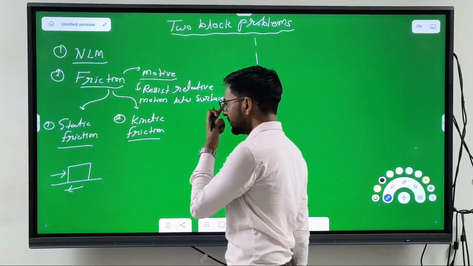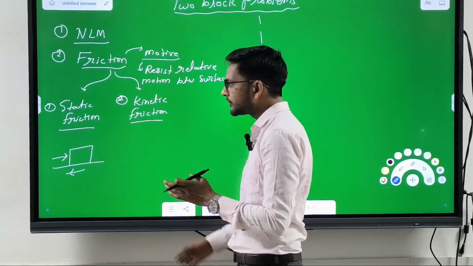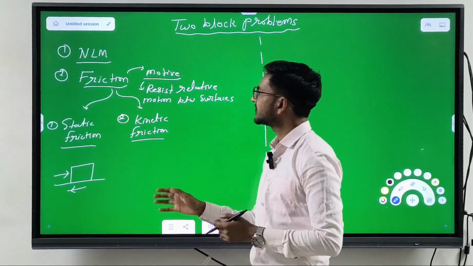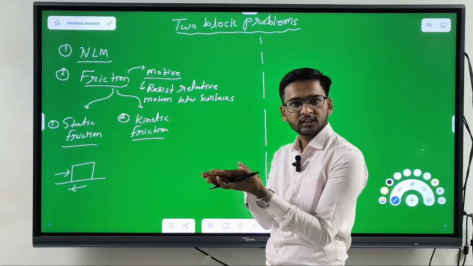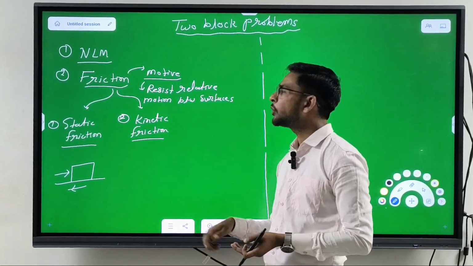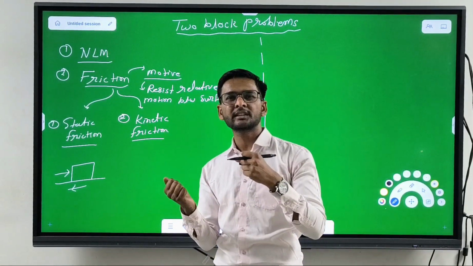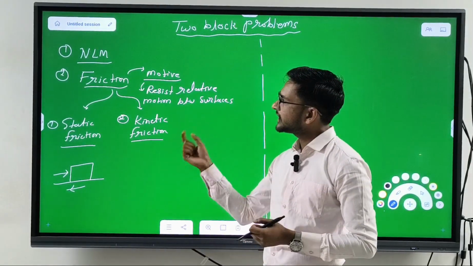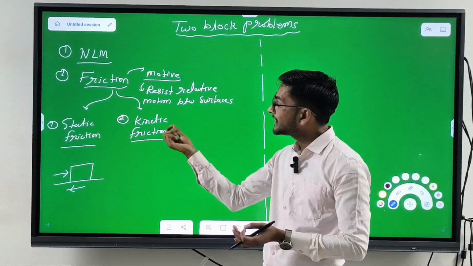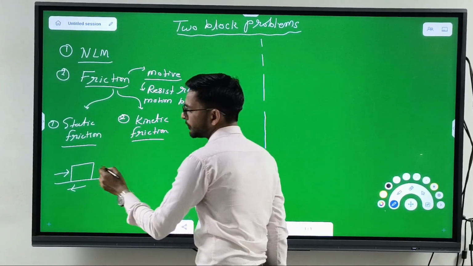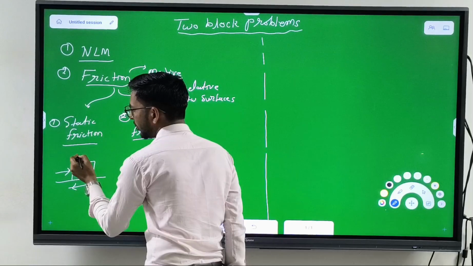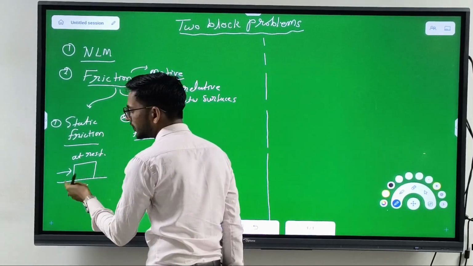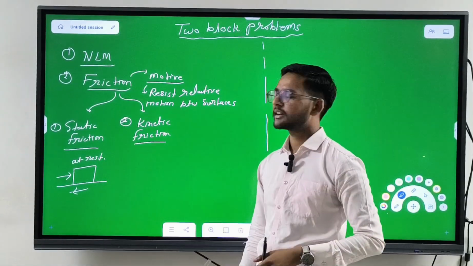And what is kinetic friction? If two surfaces are moving, there is a relative motion between both the surfaces, but friction is also acting, trying to keep both the surfaces together. At that time, the friction acting between the surfaces is called kinetic friction. Here the block is at rest, but we are trying to push it to the right side.